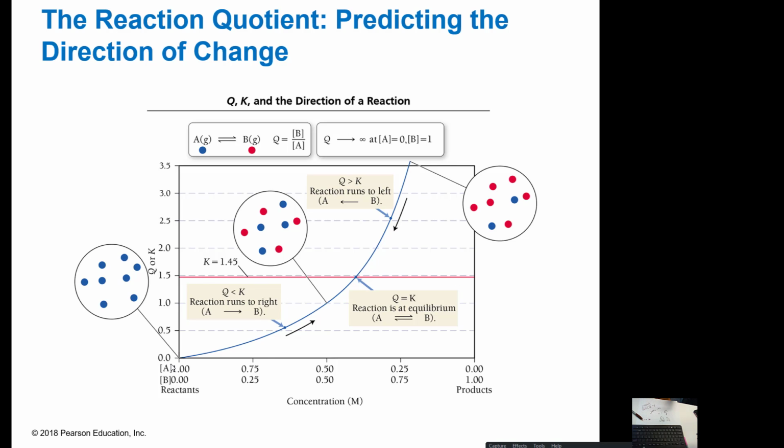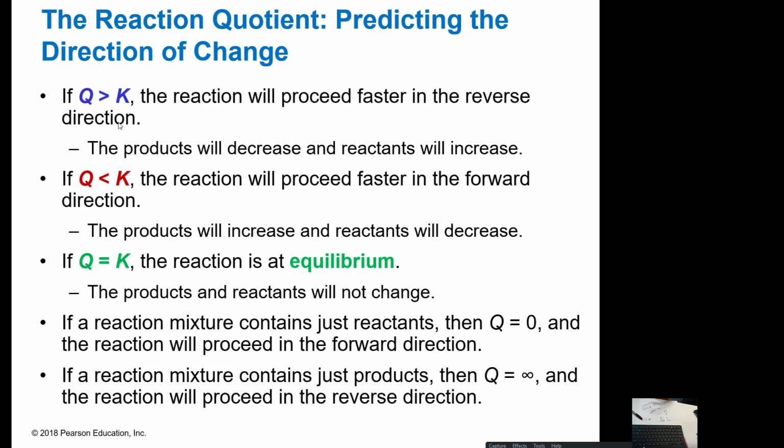Slowly A decreases, right? But here Q is smaller. Q small means you have more reactants, so the reaction runs to the right. Reaction runs to the right, but Q equal K, it's in equilibrium. Q smaller than K, the reaction proceeds forward.